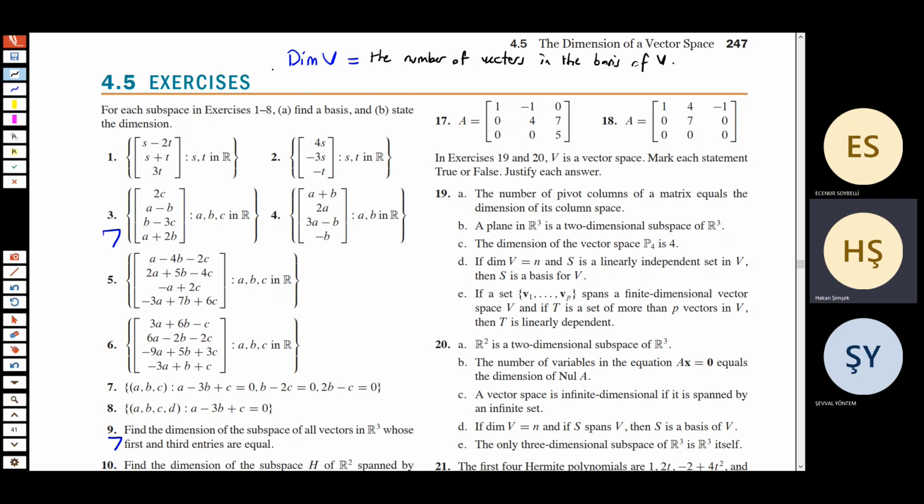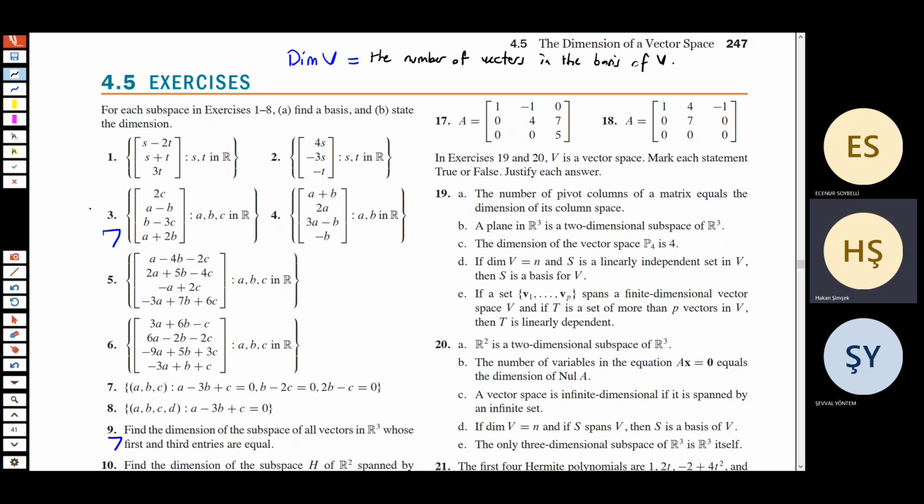Dimension says how many components we should use for a vector in the vector space. This is the information learned by finding the dimension of the vector space.